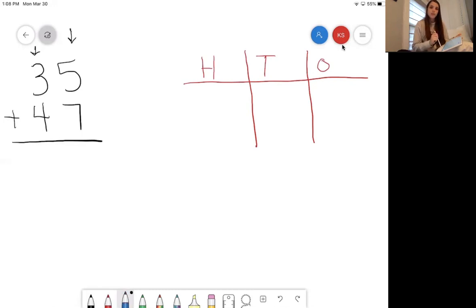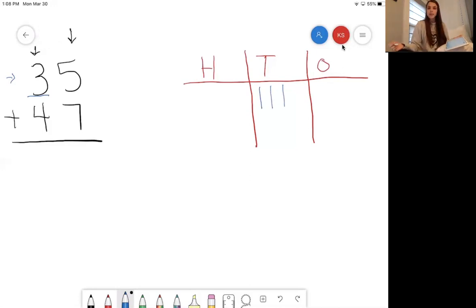My first step in this problem is I'm going to look at the number 35. I'm going to ask myself first, how many tens do I have in the number 35? I know that I have 3 tens in 35. So I'm going to draw 3 French fries to represent 3 tens in my tens column. 1, 2, 3.